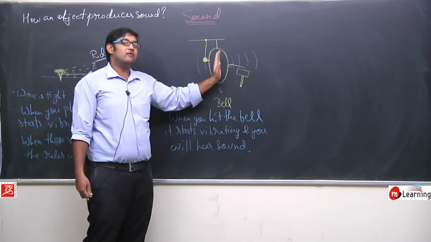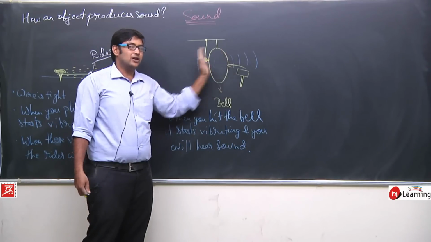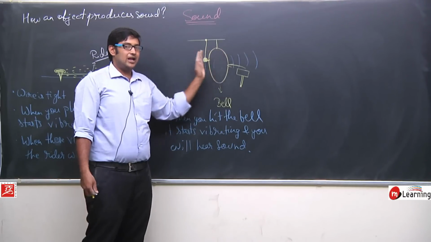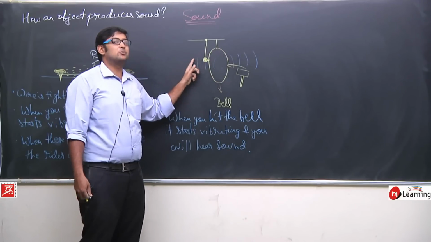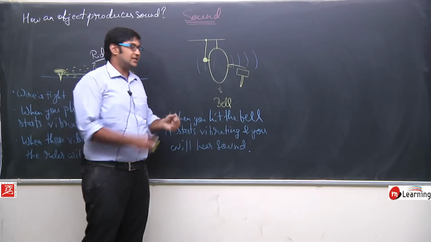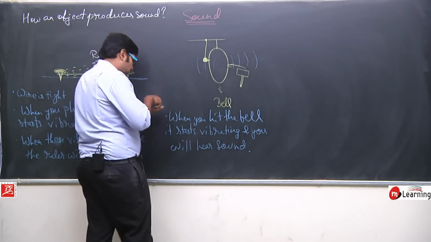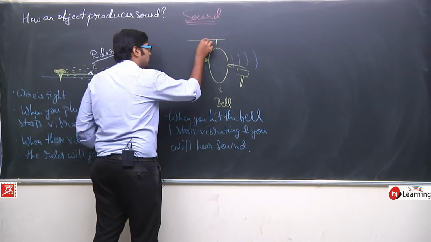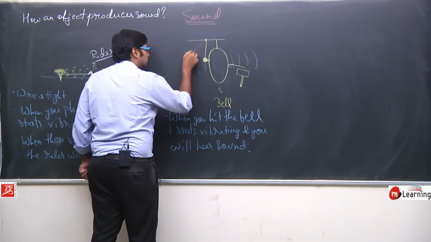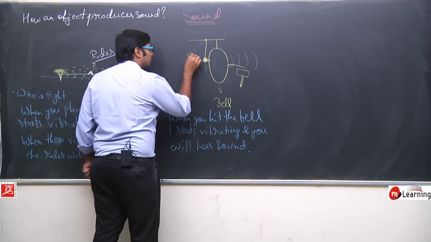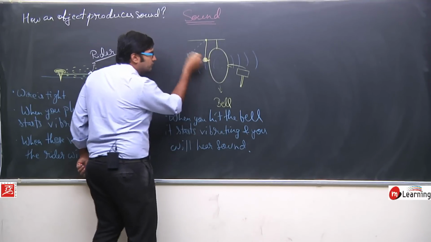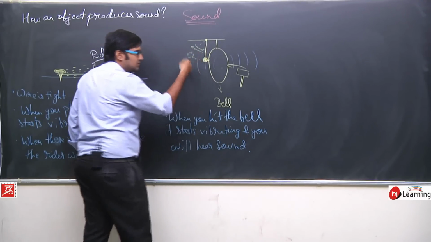Whenever you hit this bell with a hammer, this bell will start vibrating. Vibrating means it will go like this, to and fro motion, and when this bell moves like this, it is going to hit this ball, and you will see that this ball moves like this, in this way and then coming this way.